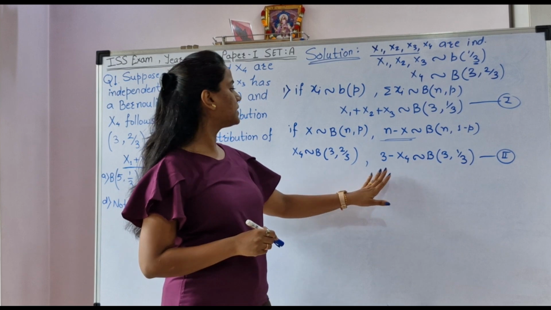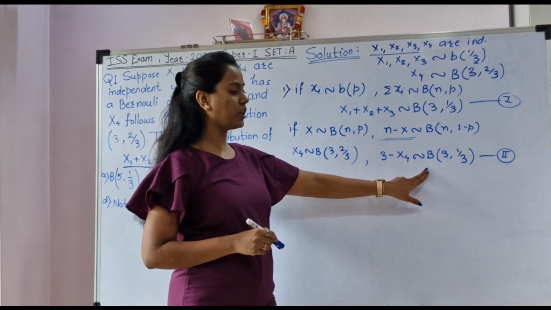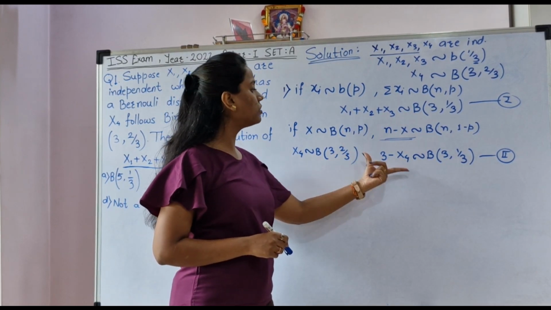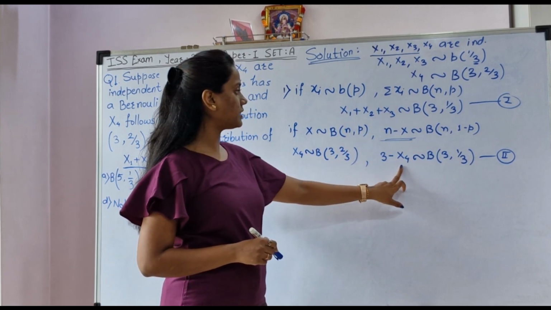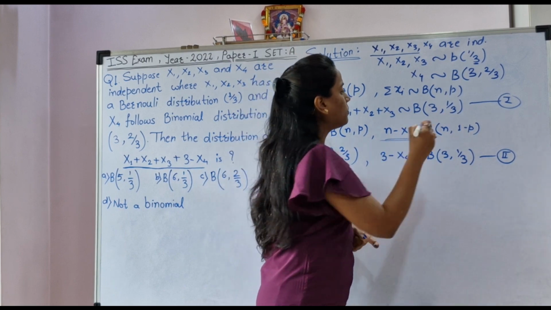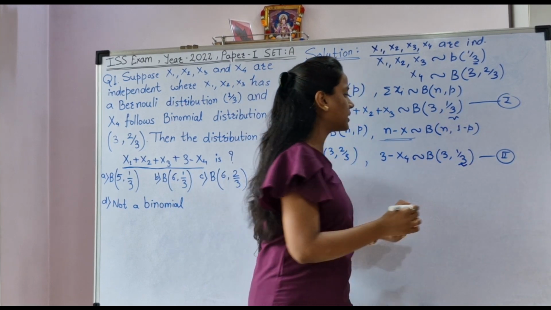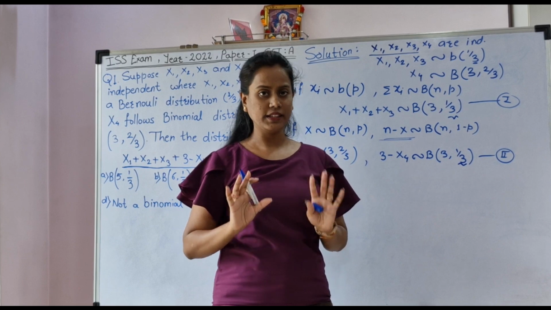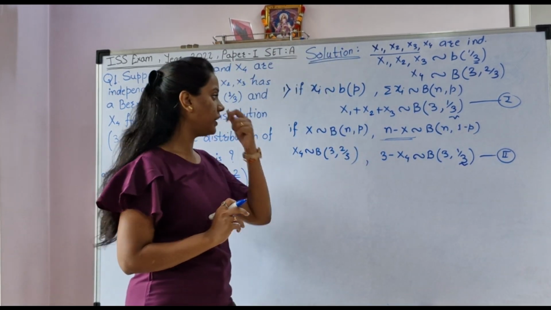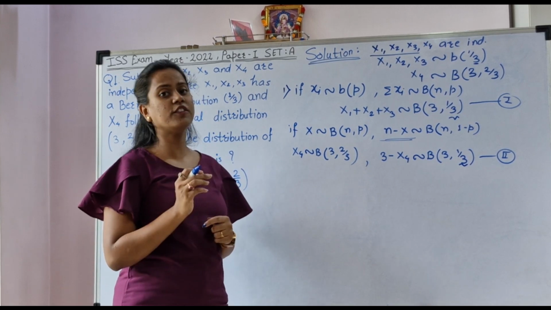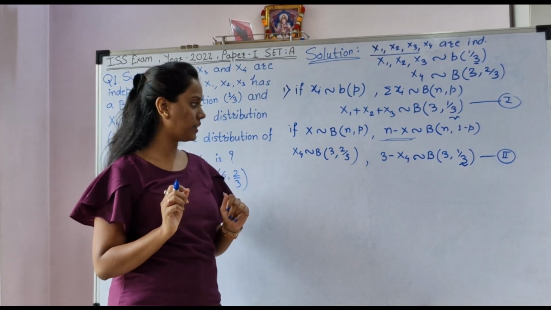Now you can see in equation 1 and equation 2, both variables X1 plus X2 plus X3 and 3 minus X4 follow binomial with the same probability of success, 1/3. And now we want to add them. Here we will use the additive property of binomial distribution.